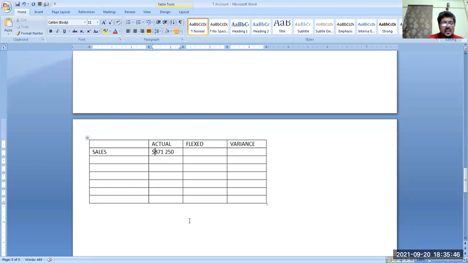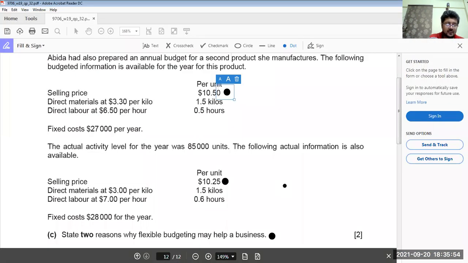Now see, according to flex budget, if they have sold 85,000 units with the budgeted price 10.5, the sales should have been 892,500. Getting my point here?